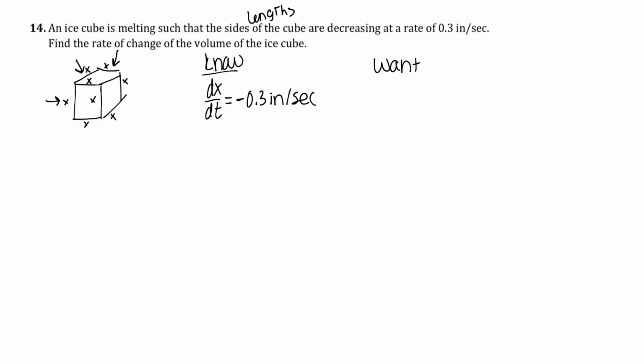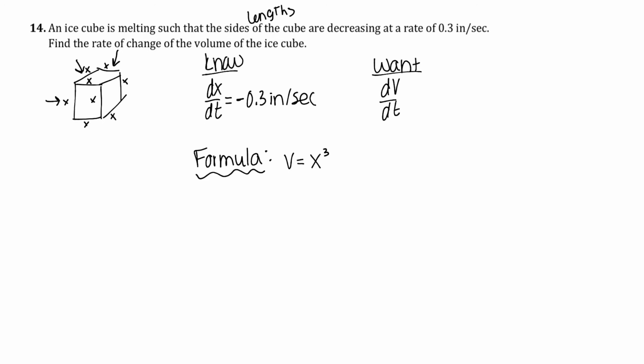We want to find the rate of change of the volume of the ice cube. So we want dV/dt, and just in general. So it doesn't say at a particular time, we just want dV/dt. We need a formula that will relate together x, which is our side length, and volume. And the volume of a cube is just its length, width, and height multiplied together.